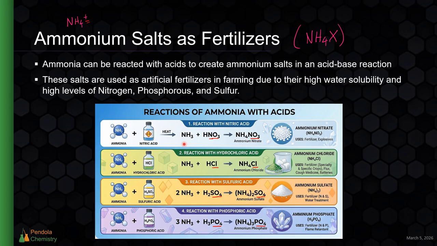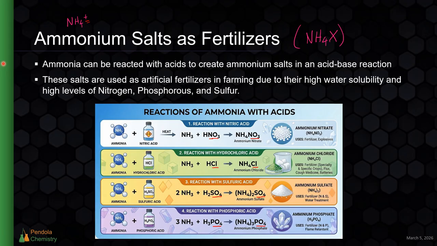This is done a lot in industry because these ammonium salts are actually great fertilizers in farming. These are the most common fertilizers that we see used in industrial farming, when you see those big machineries and those big giant farms. And that's due to two reasons. Any ammonium salt is soluble in water.